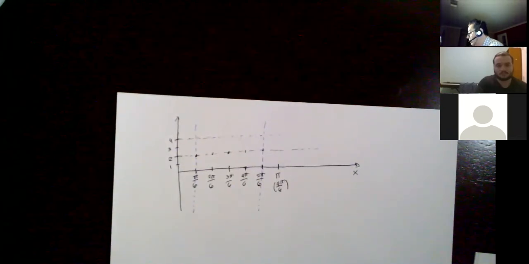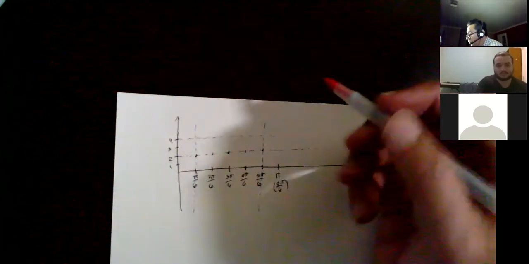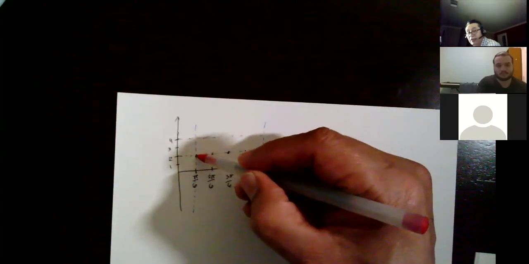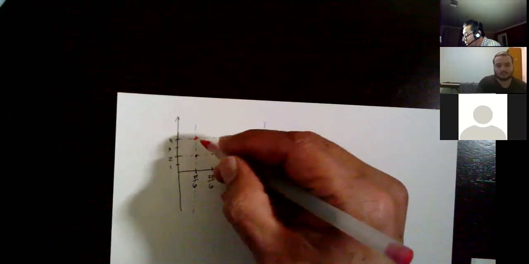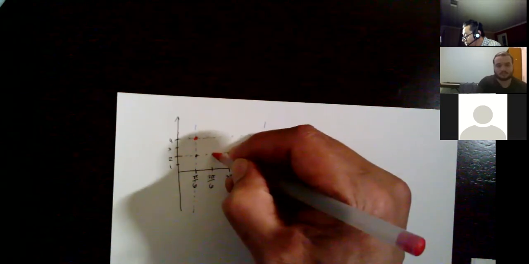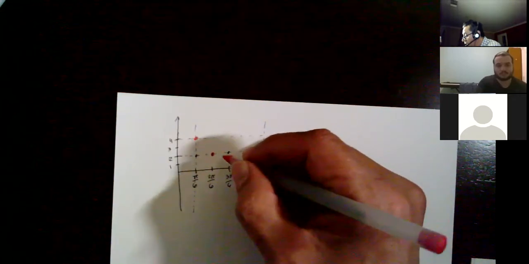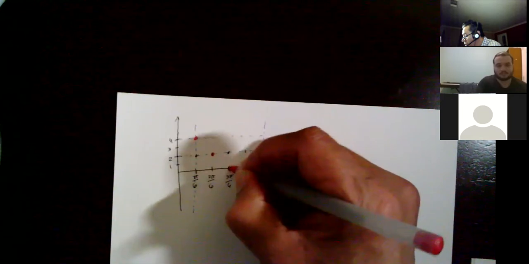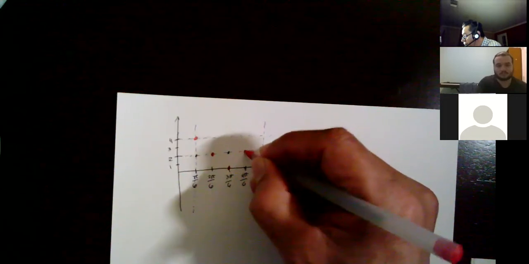Okay. All right. Since this is the cosine again. So at this point, we know that the cosine goes up here. So I'm gonna start here. At the next point right here, I'm gonna go up 4. At 2 pi over 6, I'm gonna go down to 2. At 3 pi over 6, I'm gonna go down to 0. At 4 pi over 6, I'm gonna go up to 2.